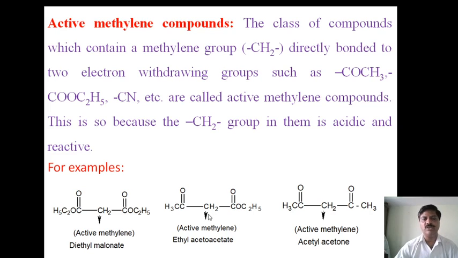Therefore, it is an active methylene group. Third one is acetyl acetone. Here, this is the acetyl group and this is the acetone part, in which the methylene group is present. Therefore, these are a few examples of active methylene compounds.